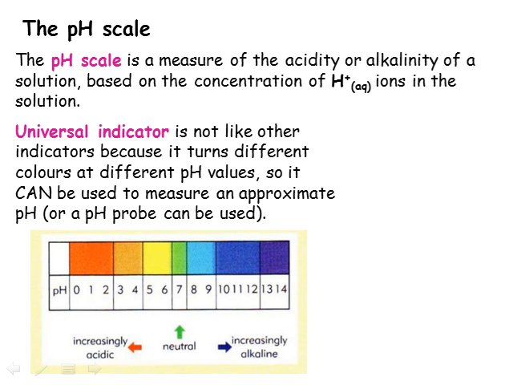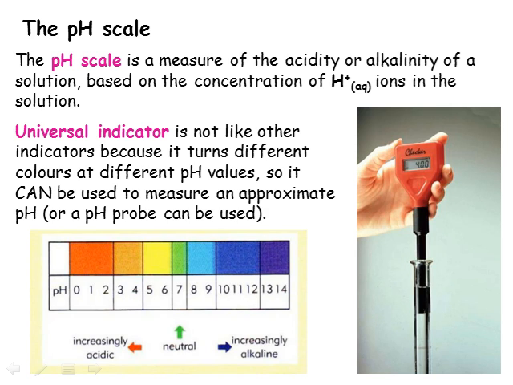We can use a special indicator called universal indicator, which is actually a mixture of indicators with different colour changes, to give us an approximate measure of pH. Universal indicator has a range of colours which correspond to different pH values. Alternatively, we can use pH probes which measure the pH of solutions directly.